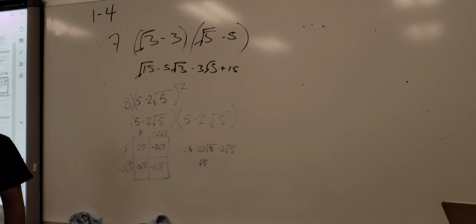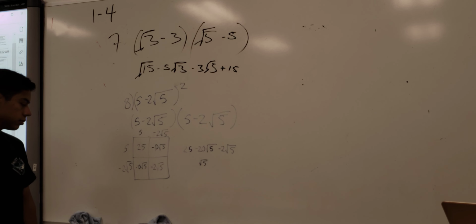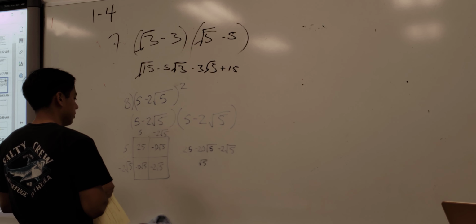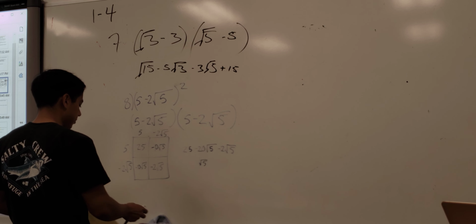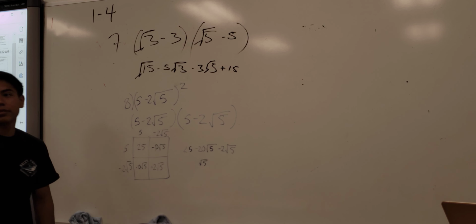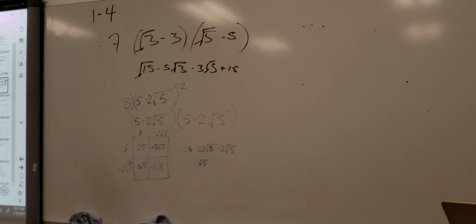And so all you're going to do is combine the front coefficients, -10, -10, that gives him -20 of these radical 5s. And then radical 25 is 5, and 5 times 4 is 20. So he has 20 here and a 25 there, that's where the 45 comes from.